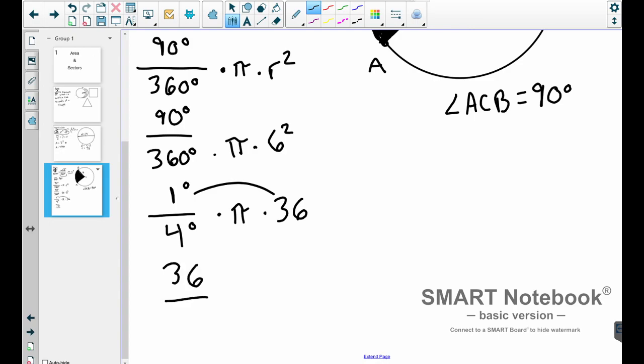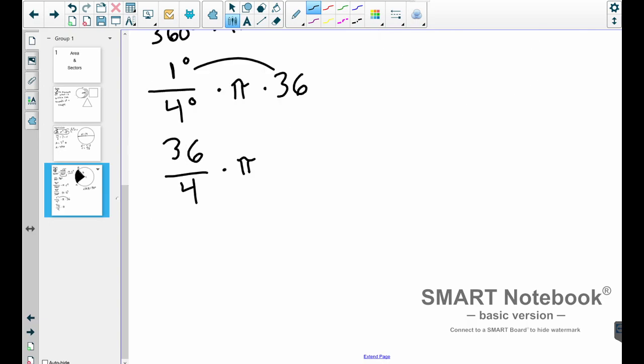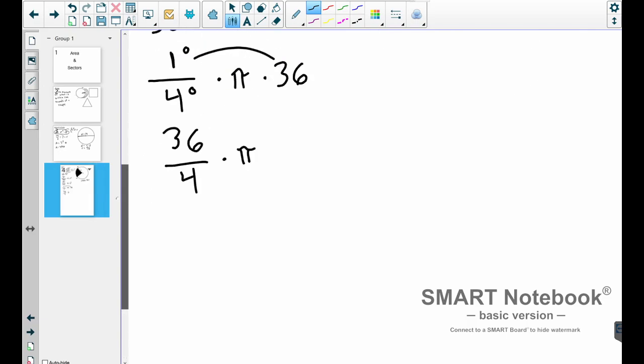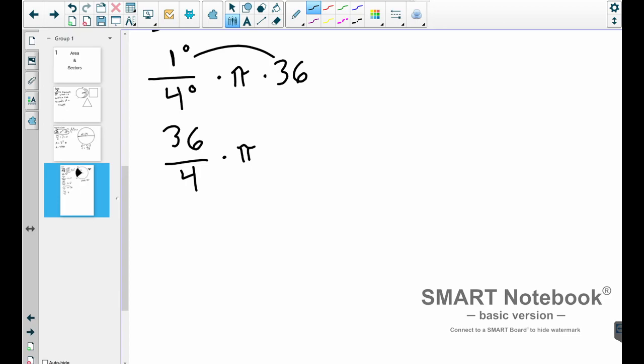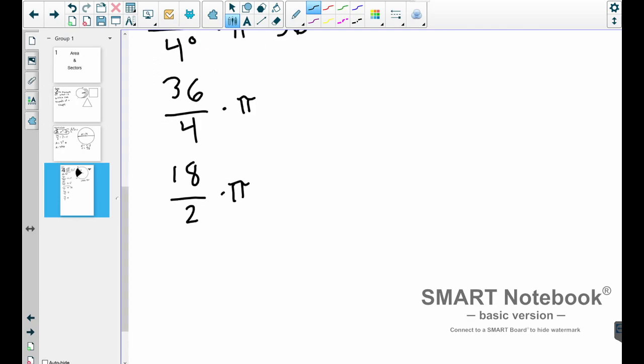Let's say 36 over 4 times pi will be our answer. Then we can reduce that fraction, right? 36 divided by 2 would be 18. 4 divided by 2 is 2, times pi. And oh, wait, look, we can reduce it more. 18 divided by 2 is 9 times pi. So our answer is 9 pi.